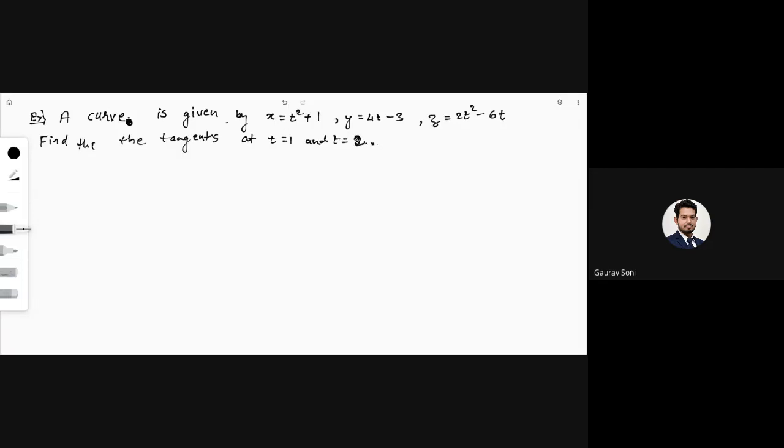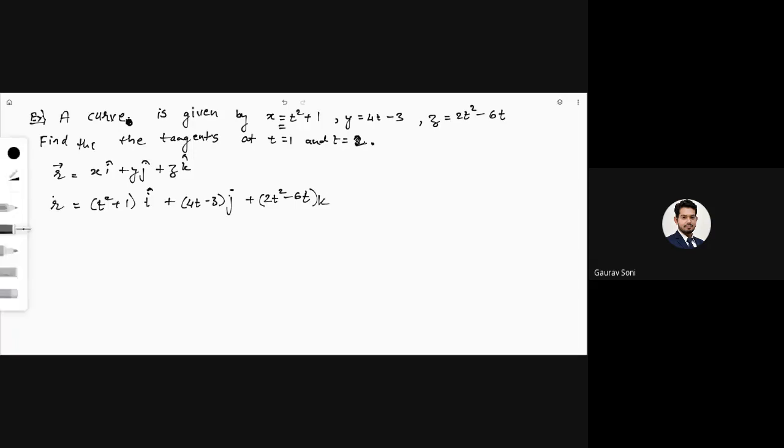First of all, we have the curve which is given by this. So r bar is equal to x i plus y j plus z k. Here x is t square plus 1 i, y is 4t minus 3 j, plus 2t square minus 6t k.